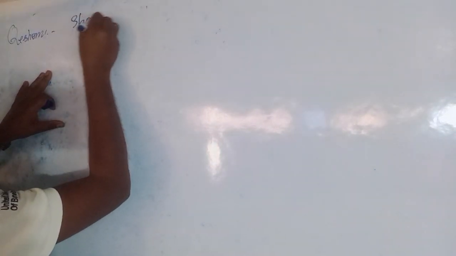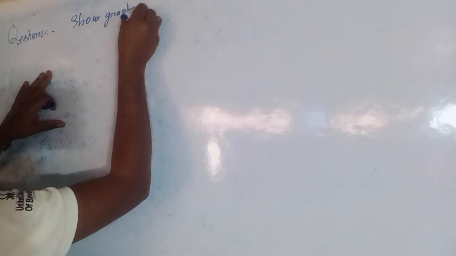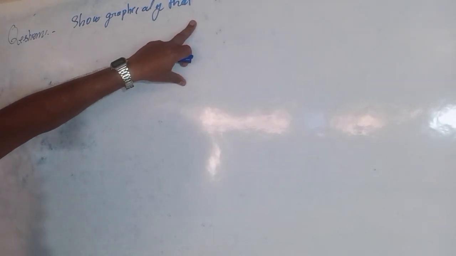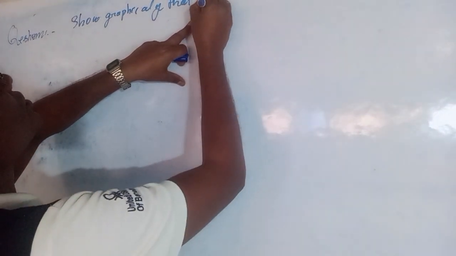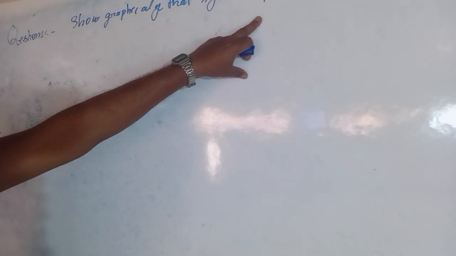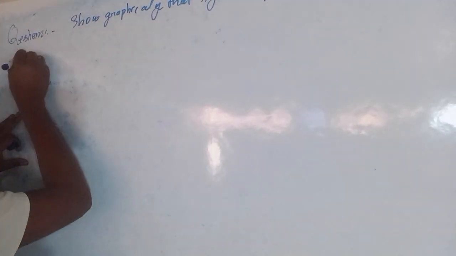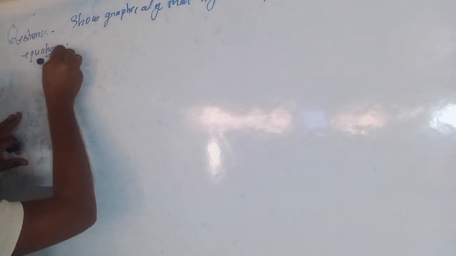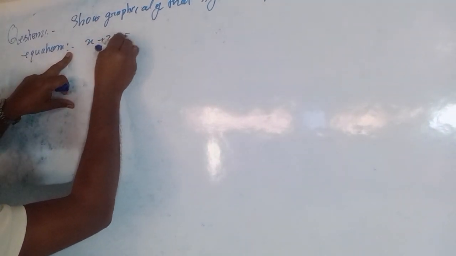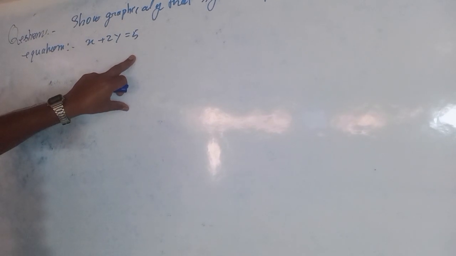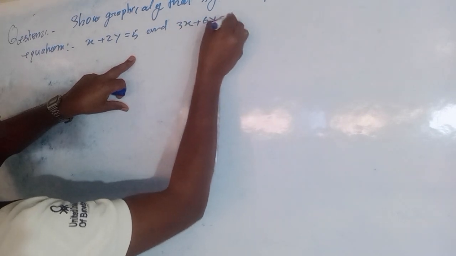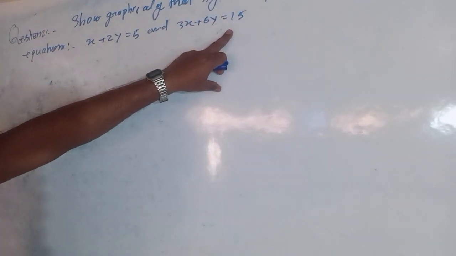Graphically, the system of equations x plus 2y is equal to 5 and 3x plus 6y is equal to 15 is given here.